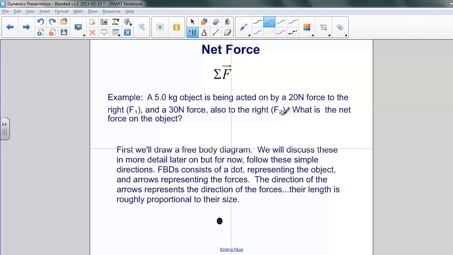That's the beginning of the free body diagram. And then we're going to draw arrows to represent each of the forces. What's important is that the direction of the arrows will represent the direction of the forces. And the lengths of the arrows will give us some idea of the relative size of those forces.